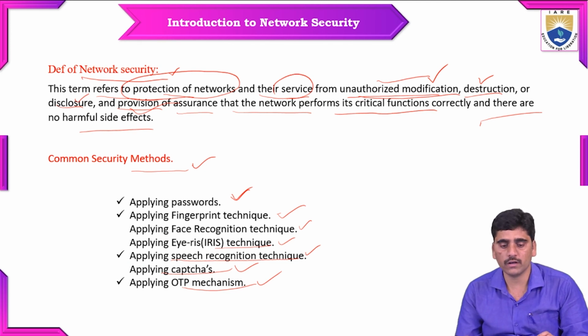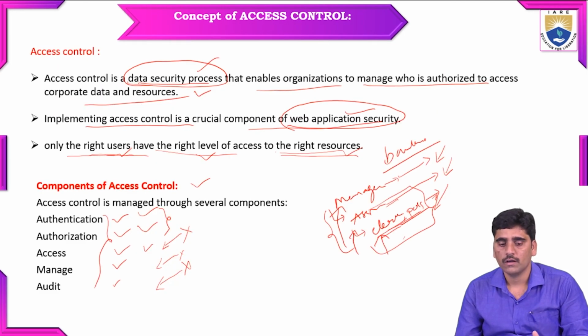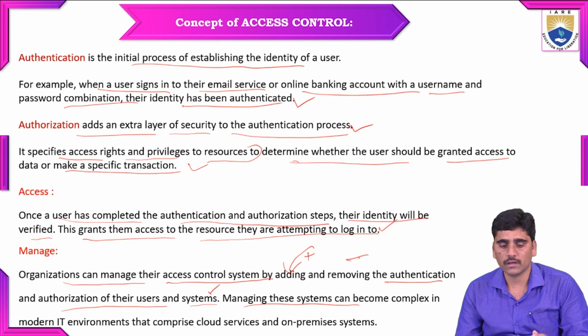Nowadays we are giving a lot of information about each and every person to different social media accounts and different organizations, and everywhere we are providing our data without knowing. So the common security methods are needed to keep our data safe. And here, access control mechanisms and the components of access control.